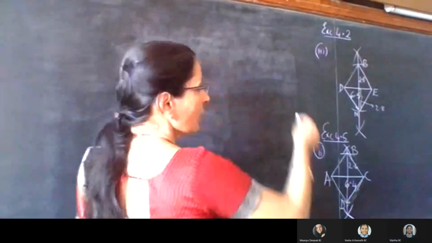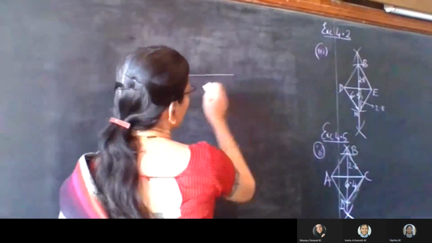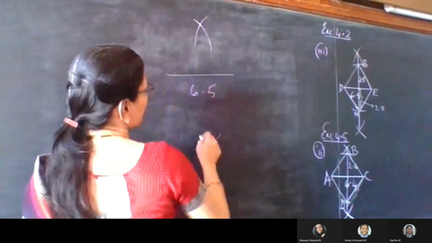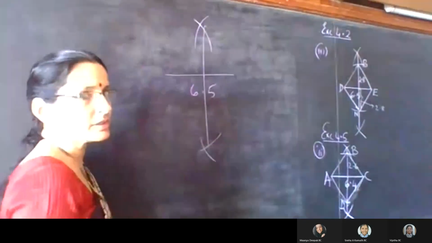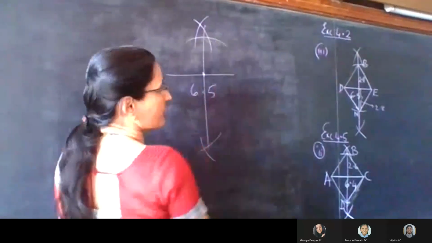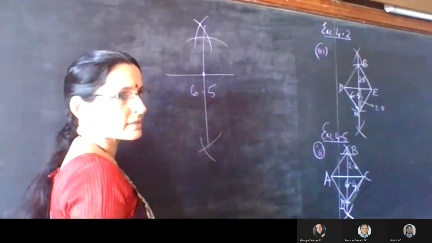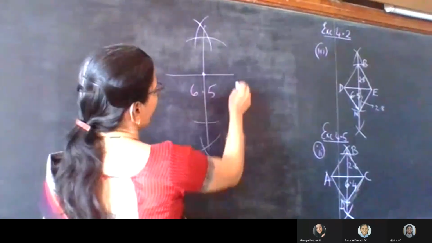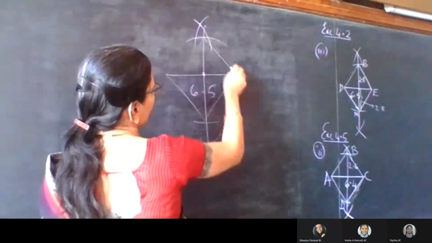So first rhombus which we constructed, we did here 6.5, then we bisected and the bisector was drawn from here. Measuring 2.8, I have cut. What is the reason that 2.8 is half of another diagonal? Okay, so like this I have cut and then I have joined, right?